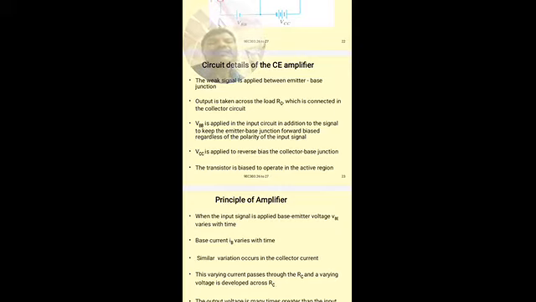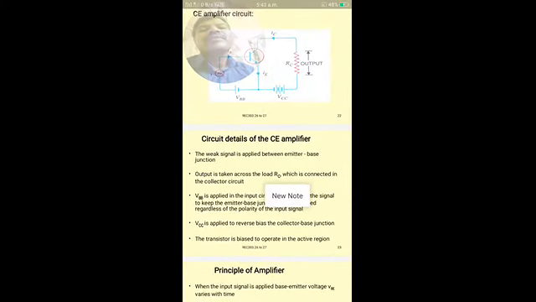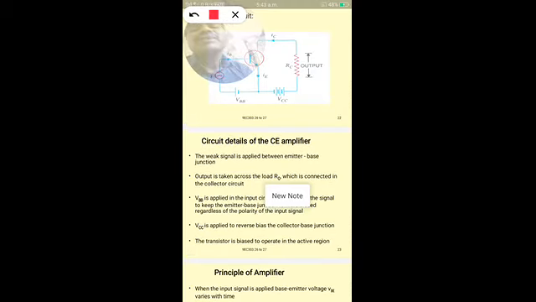When the input signal is applied, the base emitter voltage VB varies with the time, according to the input signal. So the base current IB is also varying with the time.